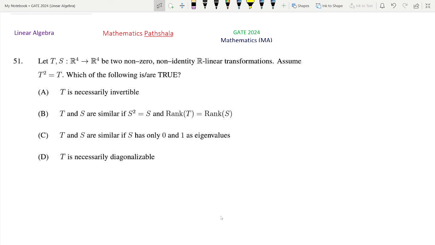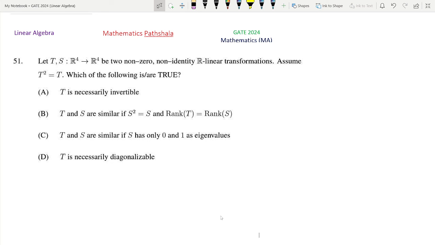First read the question. Let T, S from R4 to R4 be two non-zero, non-identity R-linear transformations. Assume T square equal to T. That is, T is an idempotent operator. Then which of the following is or are true? Option A says that T is necessarily invertible.